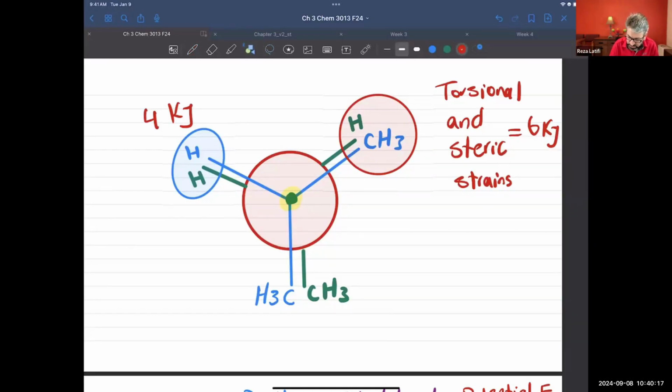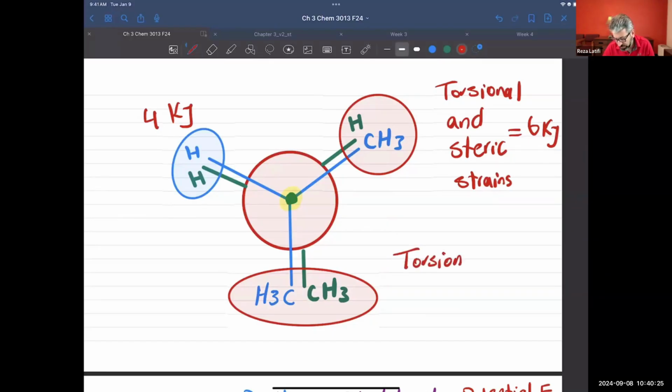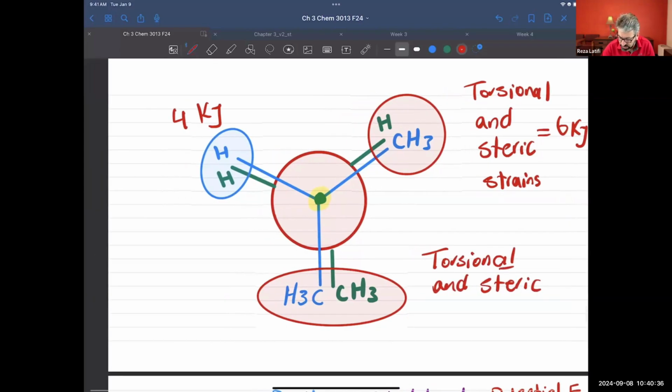And how about the last one? You have both the torsional and steric strain, and that's going to make the system unstable by 11 kilojoules. So the more repulsion you have, the less stable the system will be.